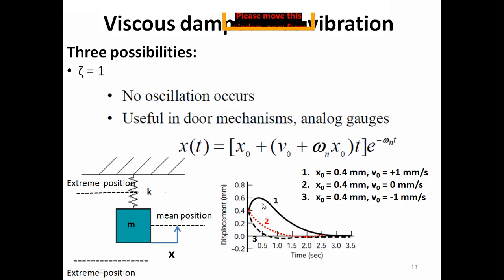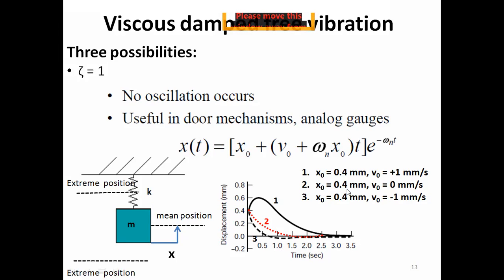So this would be the response of the system for this initial condition. You could assume that the system is just moving in the upward direction, reaches the top extreme, and then returns slowly and gradually to the equilibrium, but there would be no vibration.